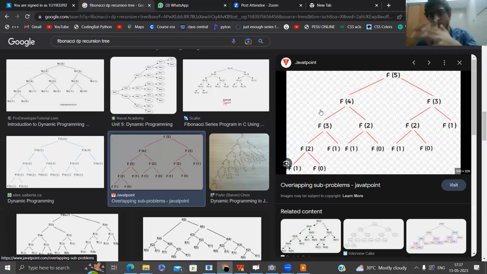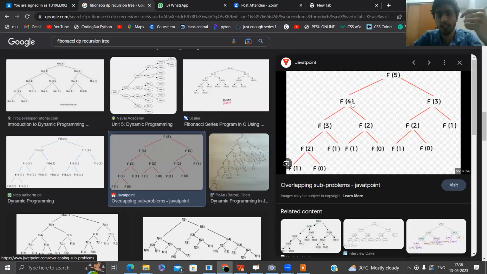So using the same parallel, if you are 5, you are making the first recursion call to 5 minus 1, that is the first recursion call. So here is 5 minus 1, which is 4, Fibonacci of 4. And if you're 5, you're making the second recursion call to 5 minus 2, which is 3, which is Fibonacci of 3, right? Now assume yourself to be Fibonacci of 4. If you're Fibonacci of 4, you are also going to be making two recursion calls.